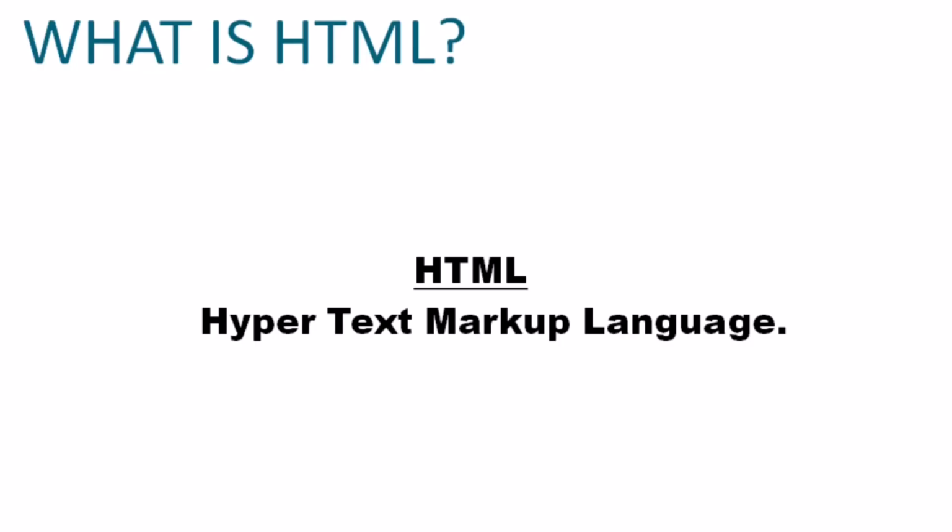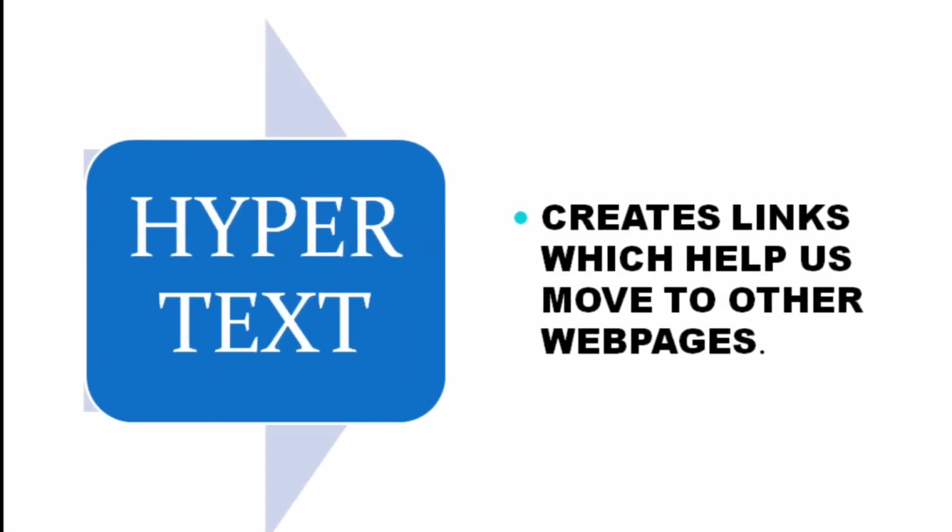Let's now see what HTML stands for. HTML means Hypertext Markup Language. Here, these two parts, hypertext, together have one function, and the last two parts, markup language, together have one function. Hypertext basically creates links which help us move to other web pages.